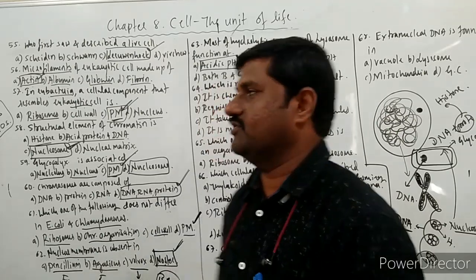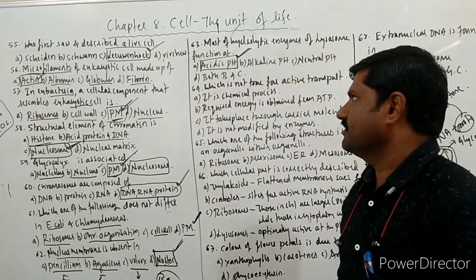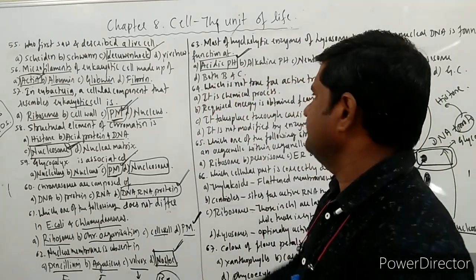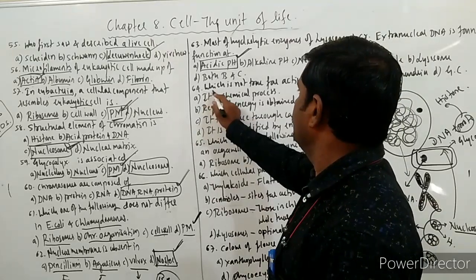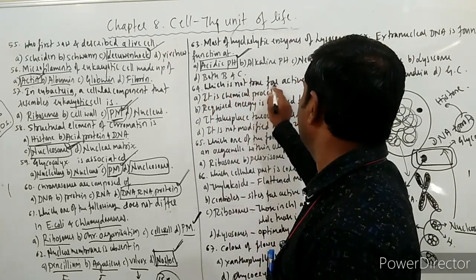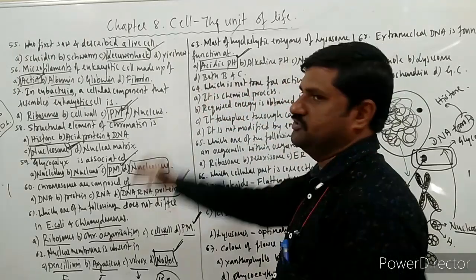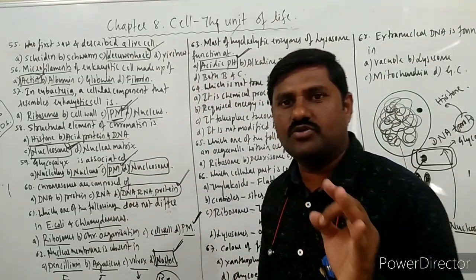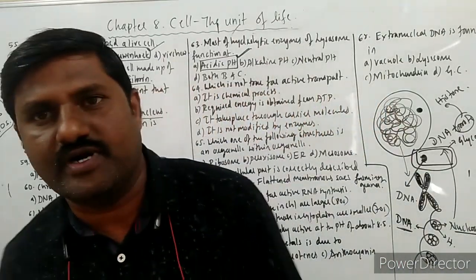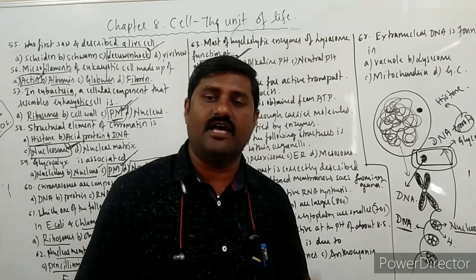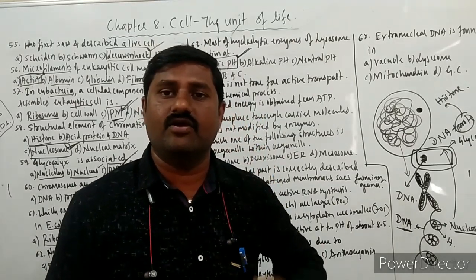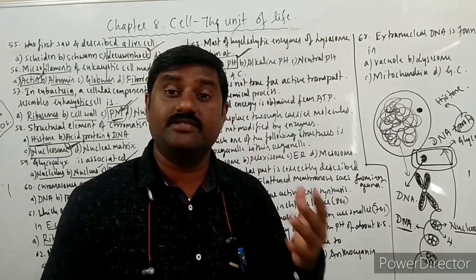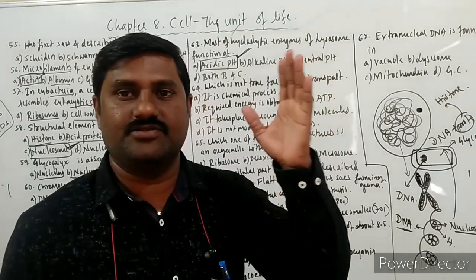Let's go to the next question. 64th question: which is not true for active transport? What is active transport? It is the transportation of material across the membrane against concentration gradients.